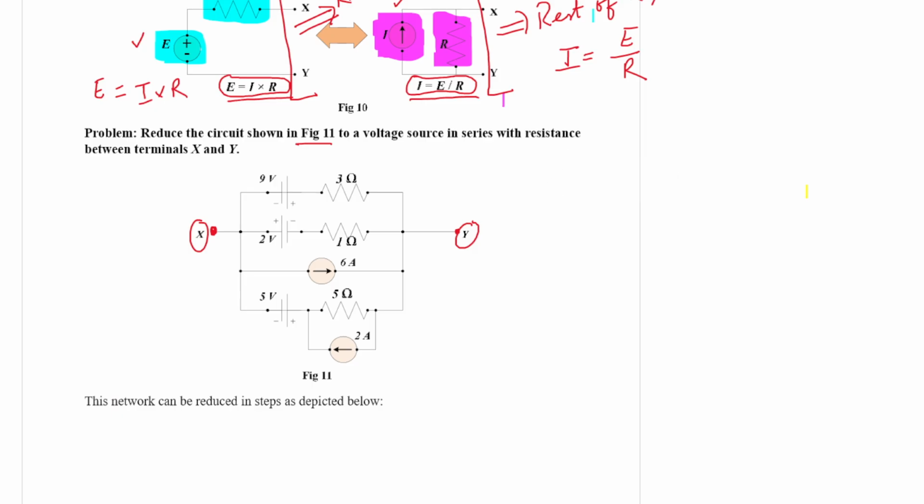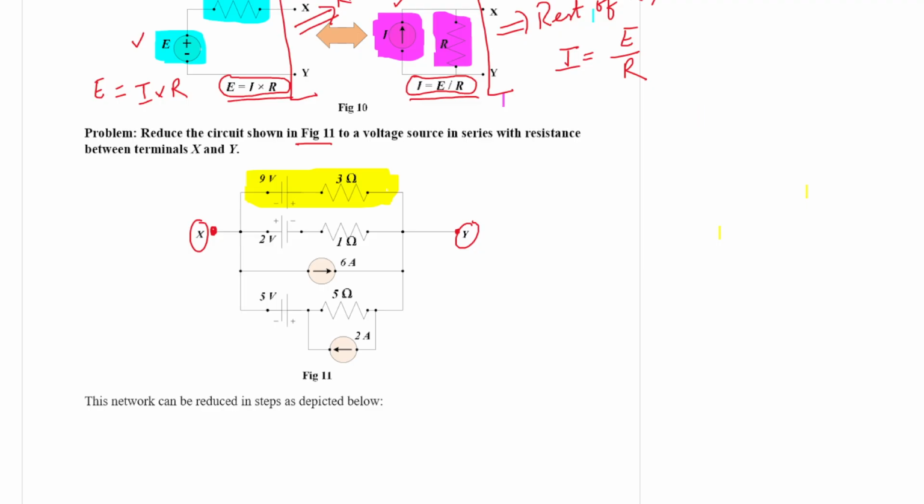If we try to understand, let us first see this configuration. What is this? It is a battery of 9 volt source connected in series with 3 ohm resistance, right?